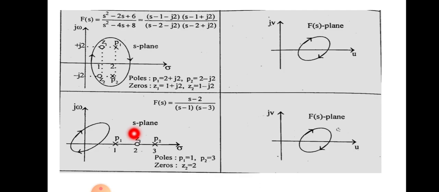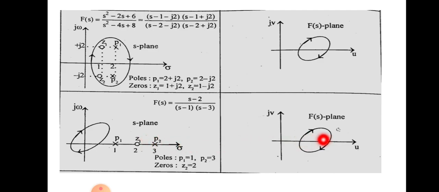s plane. Similarly, we will consider the next case, f of s equal to s minus 2 into s minus 1 into s minus 3. In that case, the poles will be marked as P1 and P2, located on the real axis, and the zeros will be located on the real axis itself, and these three quantities will lie in the right half of the S-plane.